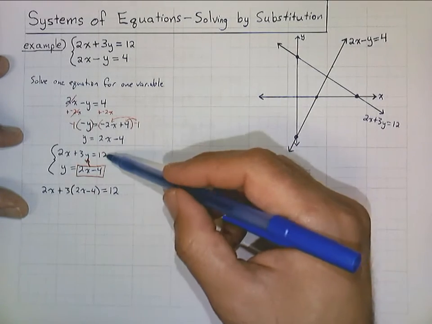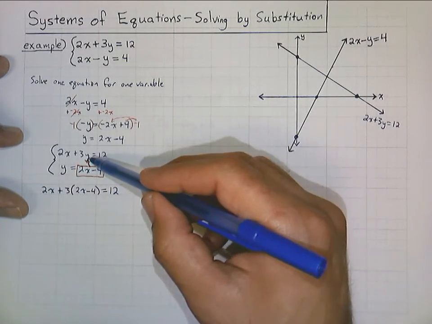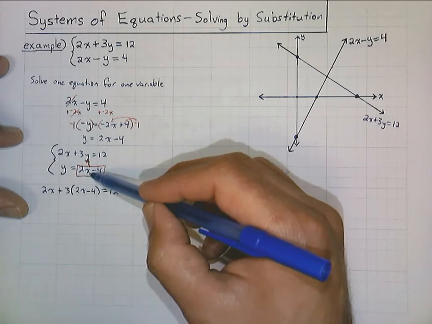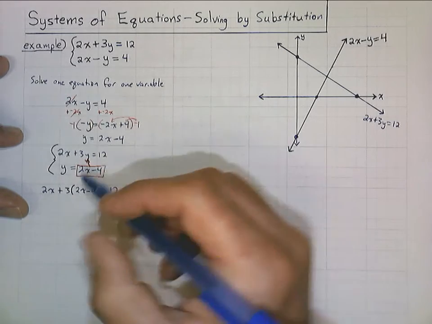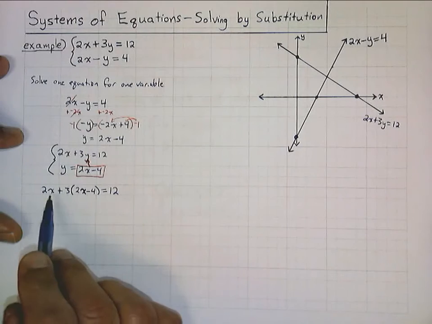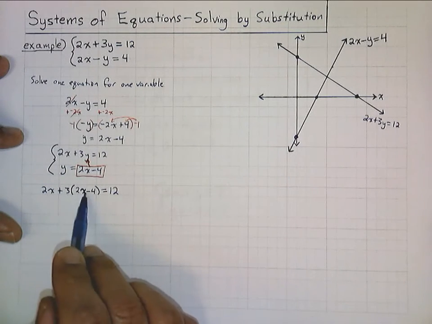So what we have here is just this first equation, but now instead of y right here, we've replaced y with its other name from the second equation. So now what we have is a single equation in just this one unknown x.